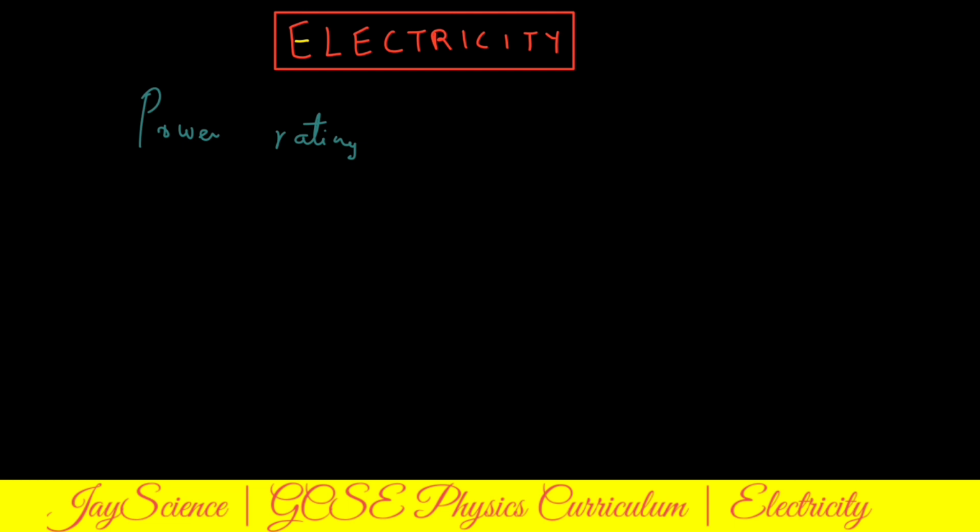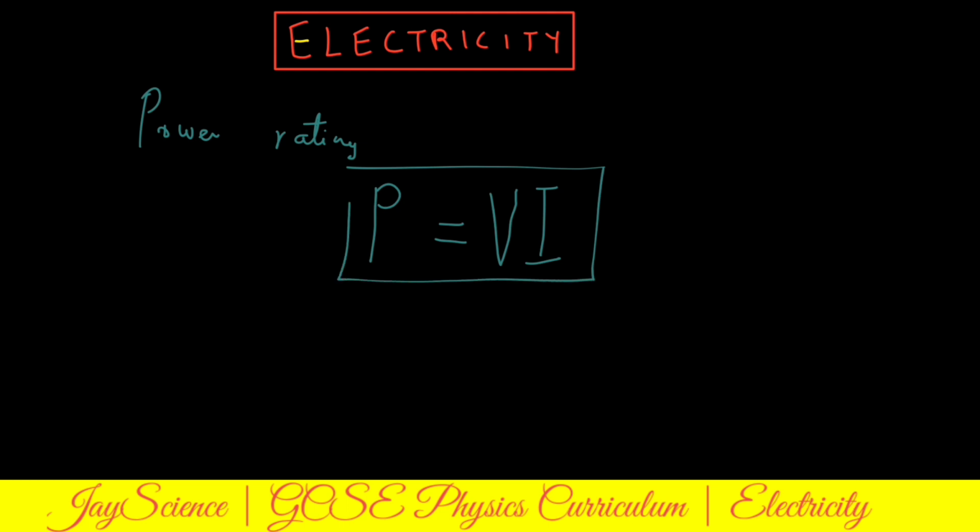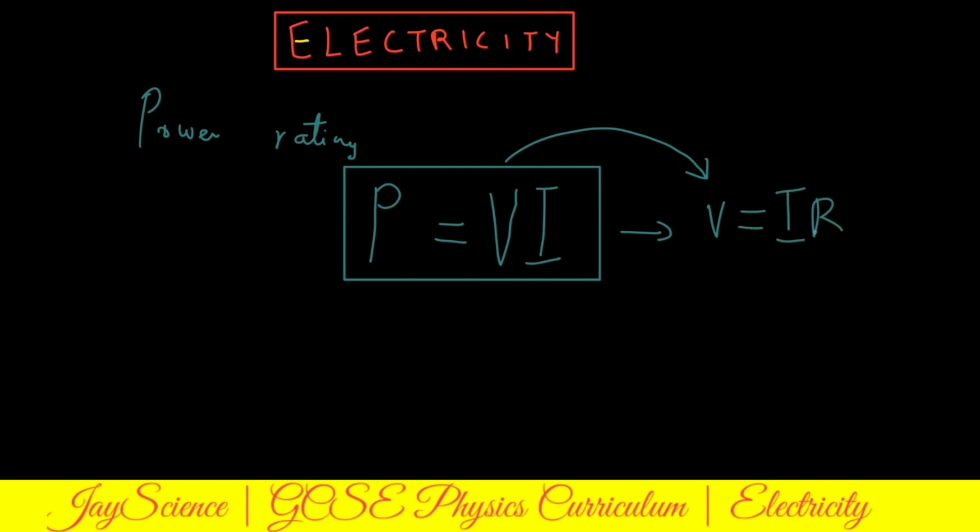Now, there is an equation that you need to know, and that's the equation for power, which is power equals potential difference times current. And then we've got an alternative equation. What do we know concerning Ohm's law? We know that V equals IR, right? So we can substitute IR for V in this equation.